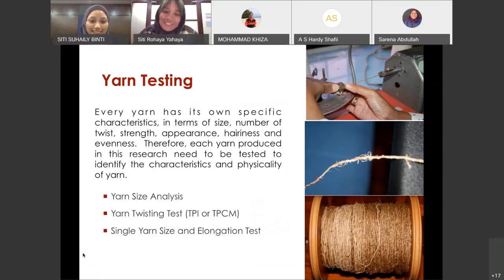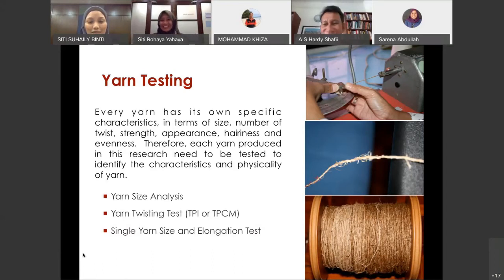My camera, alamak, rambut tak betul. Handsome guy. Handsome guy in our school. Ada dekat rumah at home. Tak nampak ke muka I? Nampak. Okay, hi. Assalamualaikum. Siti Rohaya. Ya, apa khabar doktor? Baik.